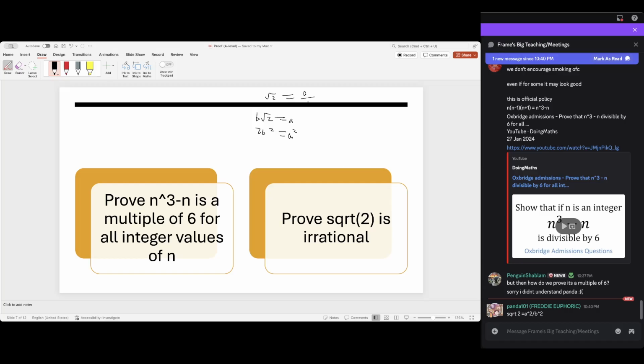You realize that a squared is even, so it can be expressed as (2k) squared. Now 4k squared is equal to 2b squared, and 2k squared is equal to b squared. So a and b are both even, and 2 is a common factor. So it means that this is irrational.